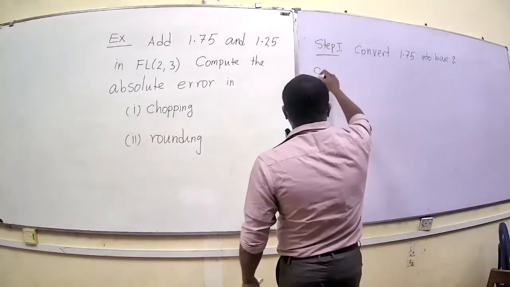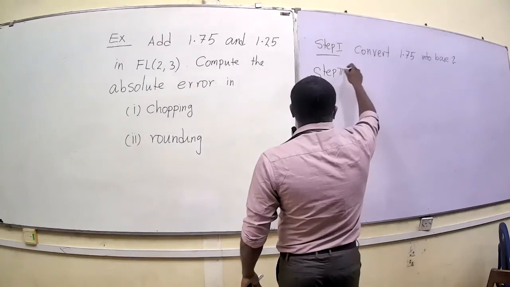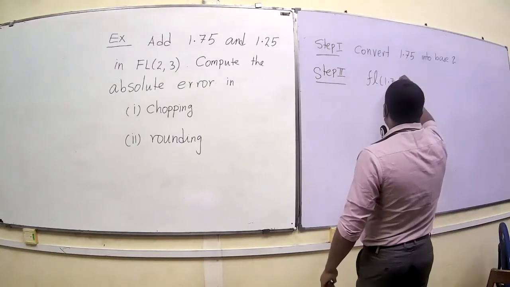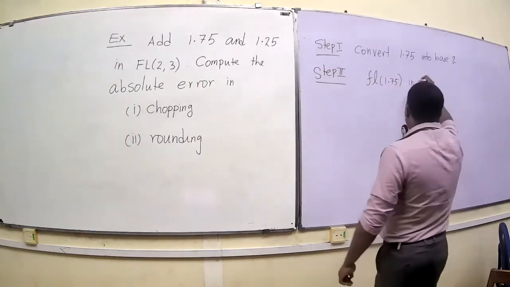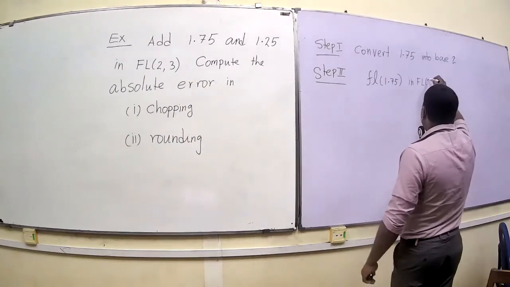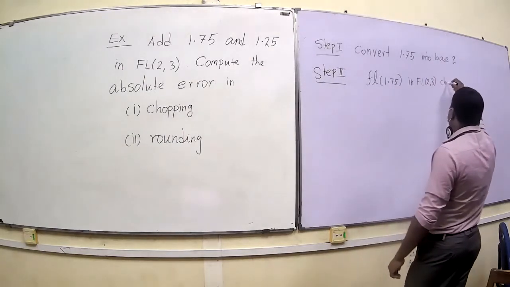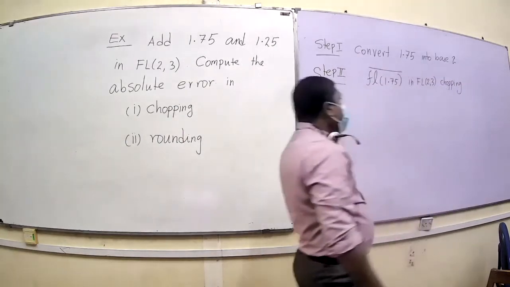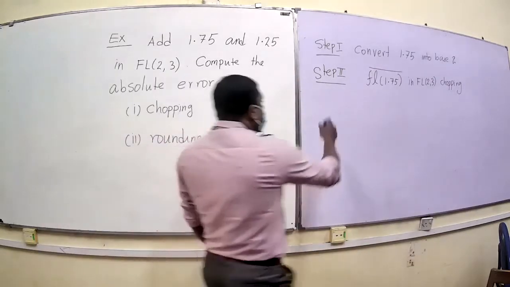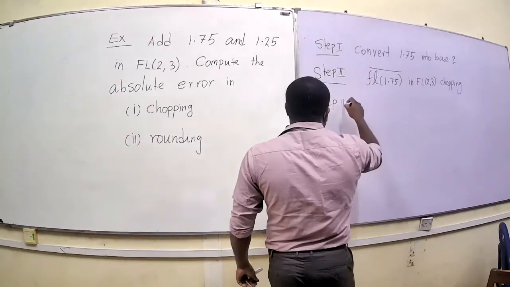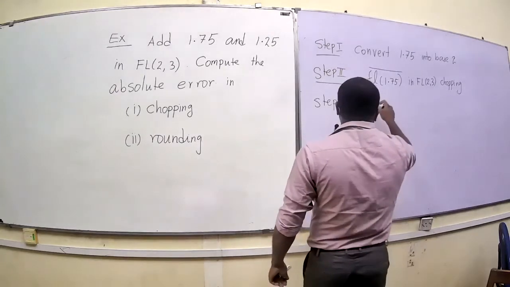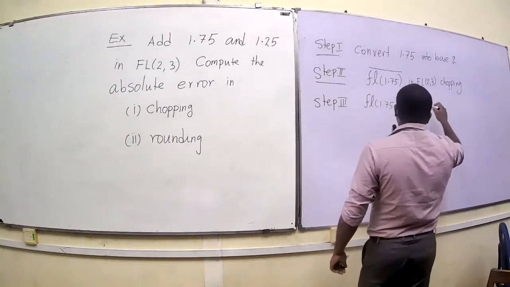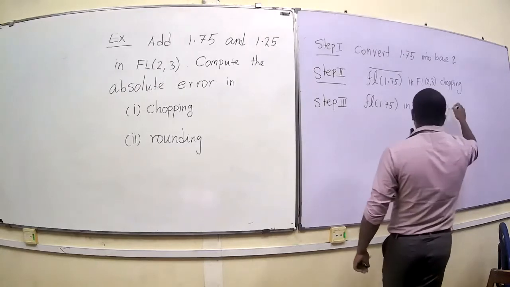And step 2, you find FL of 1.75 in FL of 2, 3 with chopping. I will say bar, with chopping. Step 3, you find FL of 1.75 in FL of 2, 3 with rounding.